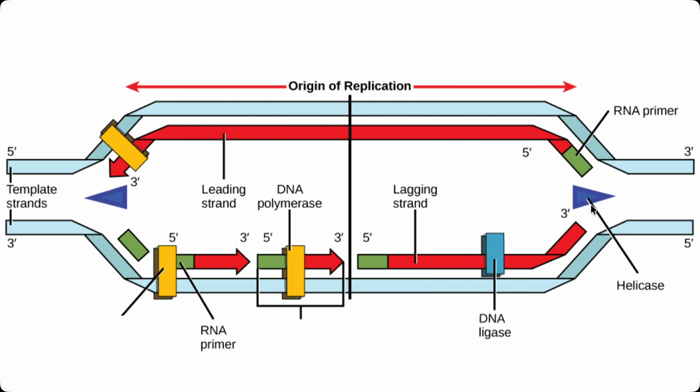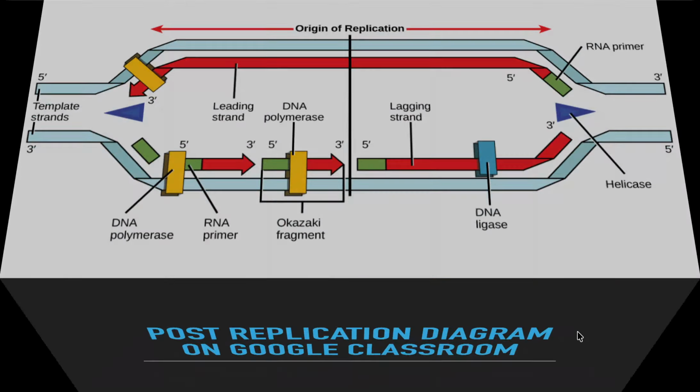It is unzipping the hydrogen bonds in the DNA, and so this is also helicase. This entire little segment here is an Okazaki fragment. And then these yellow things, which you should also probably highlight somehow, are the DNA polymerases. So this is a DNA polymerase, and these are DNA polymerases. Okay, that should be it. If you have any questions, please make sure to let me know.